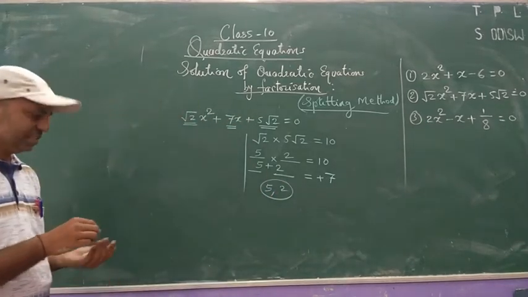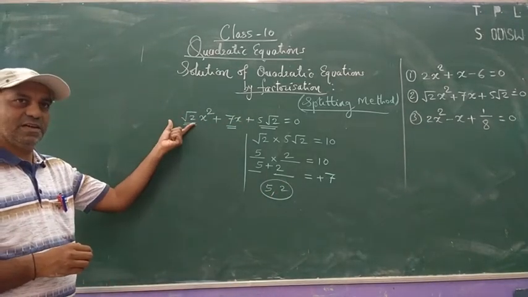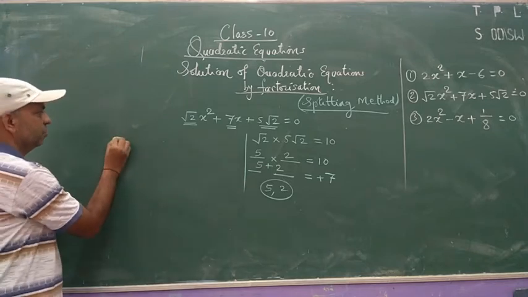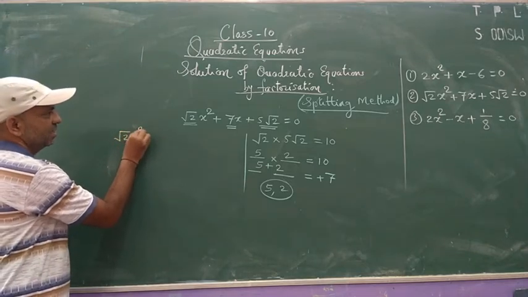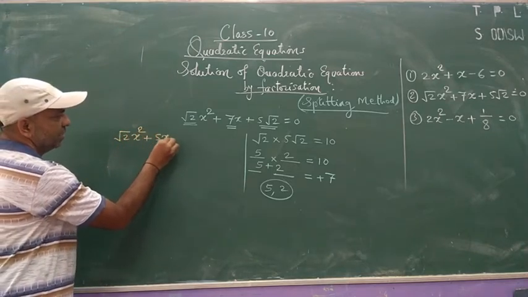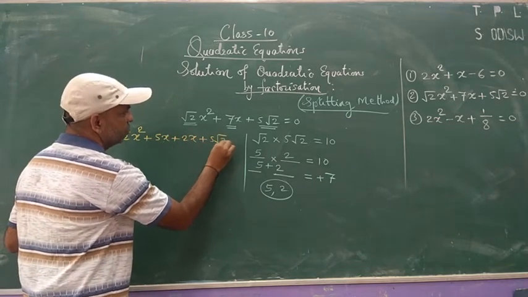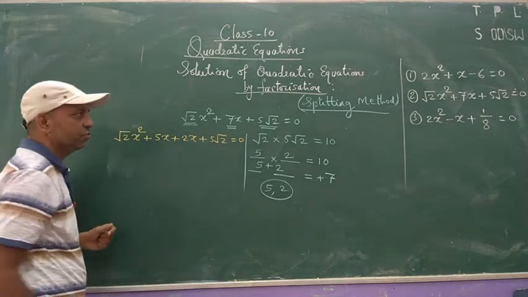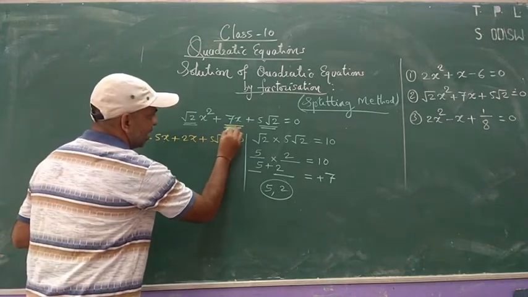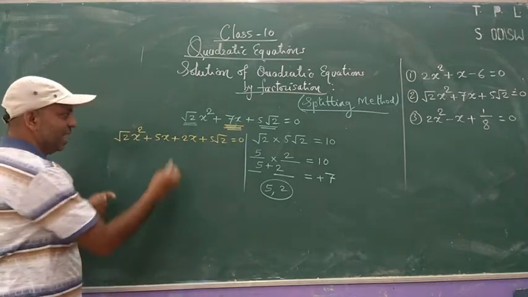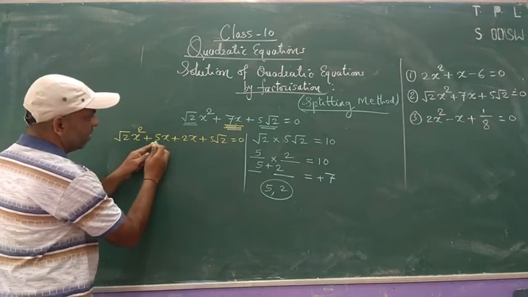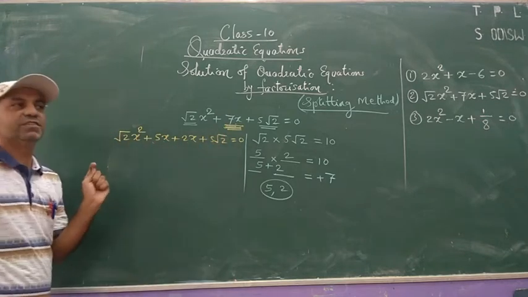Okay, now write this equation again as √2x square plus 5x plus 2x plus 5√2 is equal to 0. See this, I am splitting the middle term as 5x plus 2x. 5x plus 2x is equal to 7x.